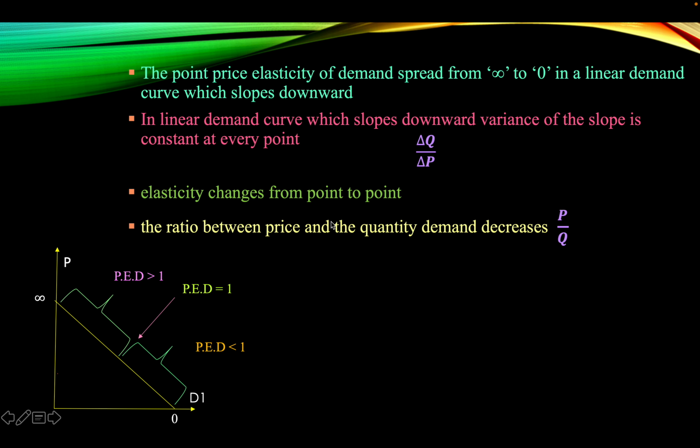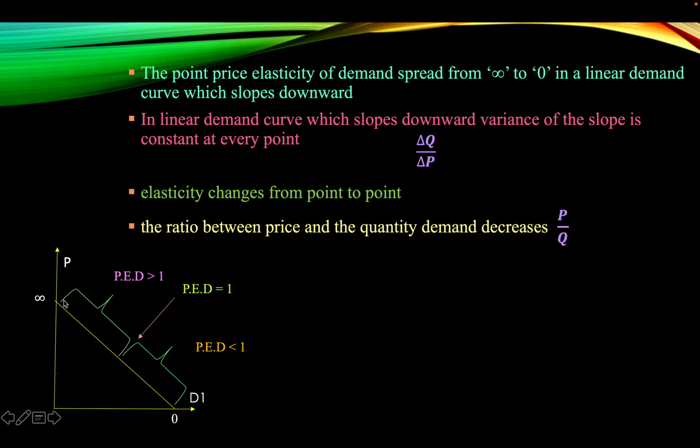The slope is constant, because delta Q divided by delta P at each point gives the same amount. But the elasticity changes as a result of the price and quantity changing. At each price, the quantity is changing. So that is why the elasticity changes, because of the price and quantity changing.